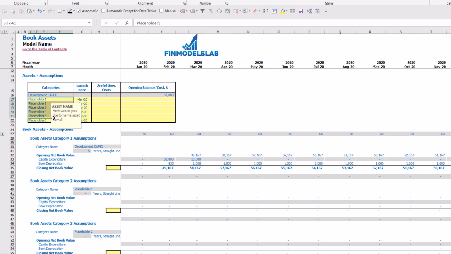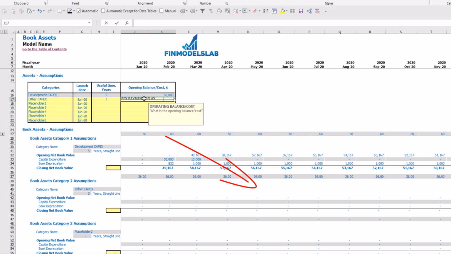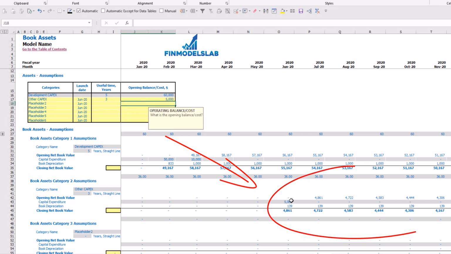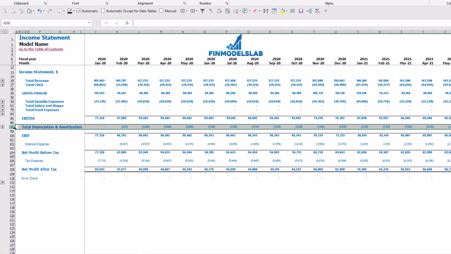You are also able to input up to 6 other assets, for example, other capex with a launch date, for example, June, with 3 years of useful life, with a $5,000 cost. You may see the calculation here. So in this tab you have the calculation of capital expenditure, book depreciation, and closing net book value. The total amounts you may see in the income statement tab in the depreciation section.